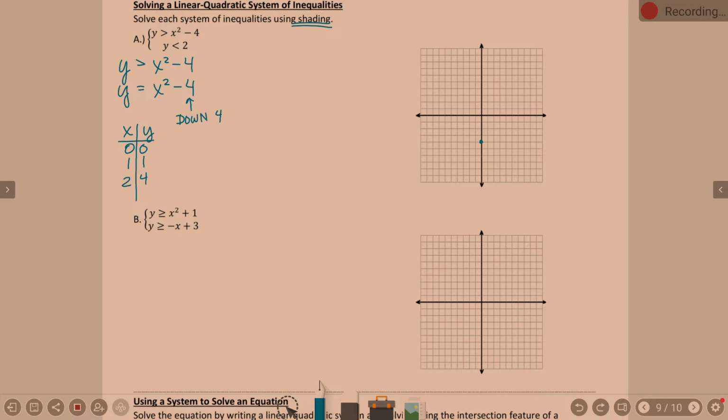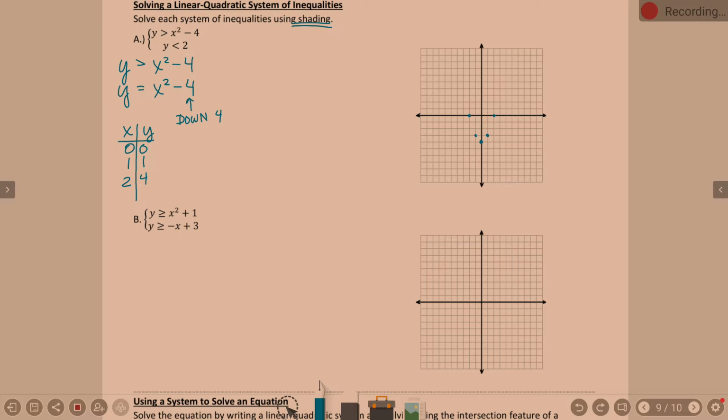If that is my vertex, then from that vertex, my first set of points will go over 1, up 1. So I'm going to go right 1, up 1. I'm also going to go left 1, up 1. My second set of points go back to the vertex. We'll go over 2, up 4. So right 2, up 4, left 2, up 4.